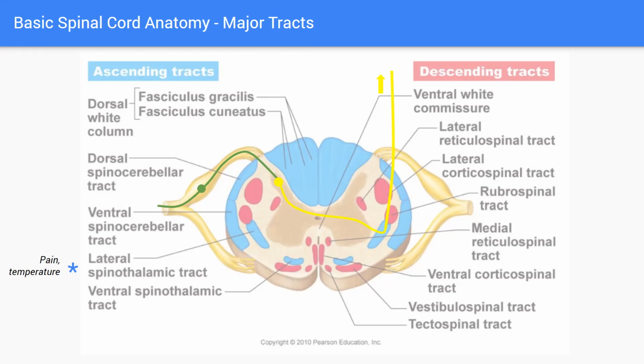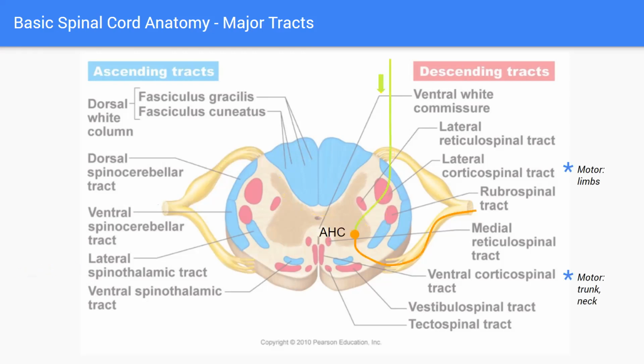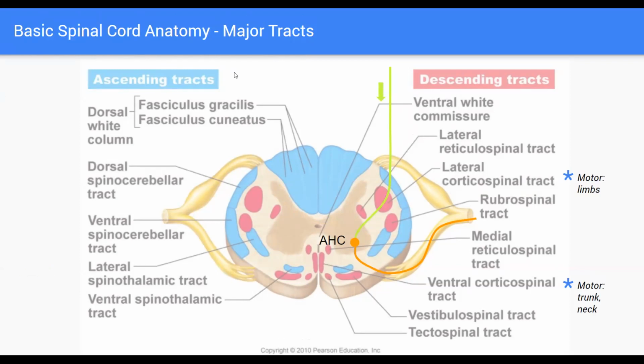But just to note. And then the final important tract to really know about when talking about the spinal cord are the corticospinal tracts. These are the tracts coming from the motor cortex and descending down into the spinal cord after pyramidal decussation. So these are coming from the contralateral side of the brain, in fact, and descend down and synapse onto the anterior horn cells, which then project through the ventral root and go on to innervate the muscles.